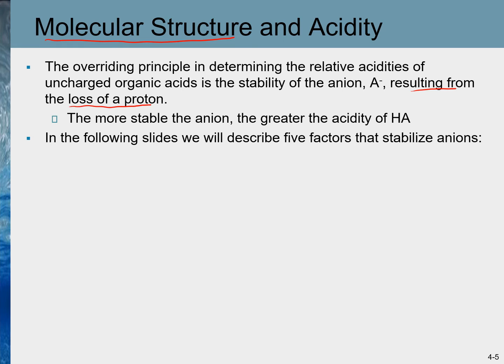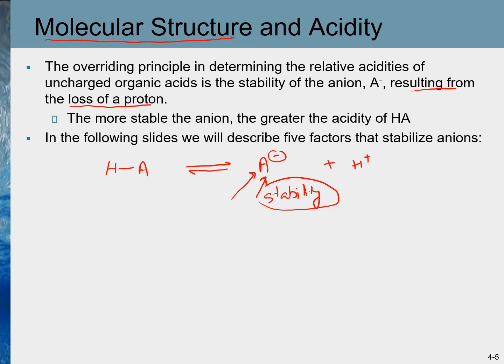So if we have any organic acid such as HA, in order to see how strong this acid is, we need to find the stability of the conjugate base, or A negative. The more stable this anion A negative is, the stronger the acid.